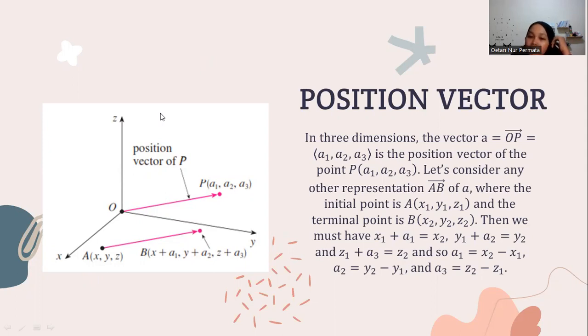Then we must have x1 plus a1 equals x2, y1 plus a2 equals y2, and z1 plus a3 equals z2, and so a1 equals x2 minus x1, a2 equals y2 minus y1, and a3 equals z2 minus z1.